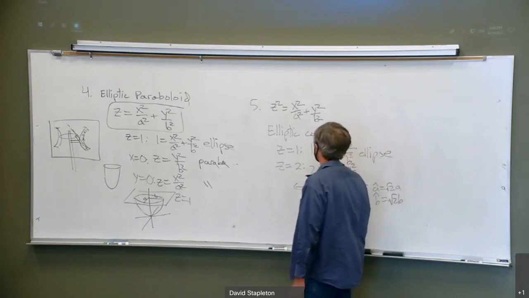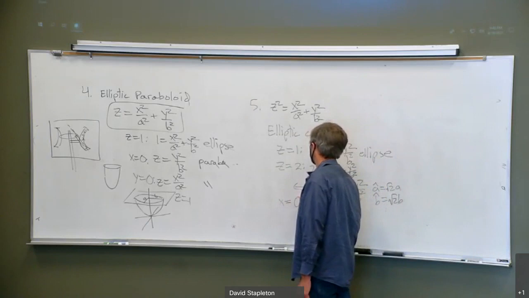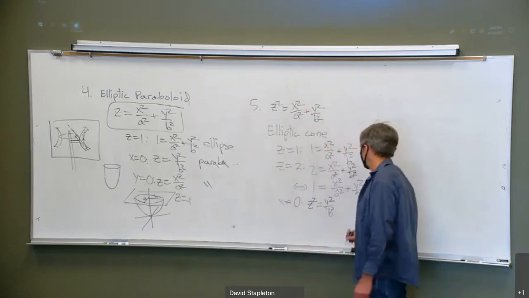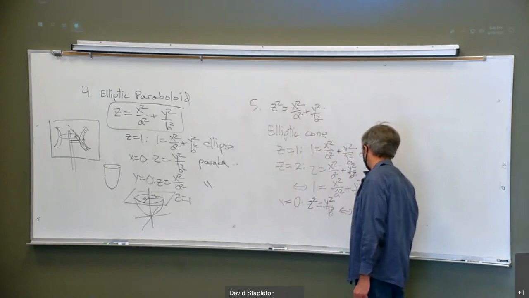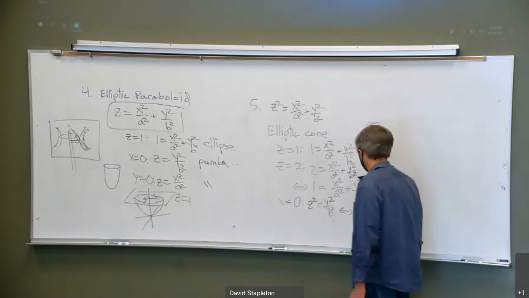You put, let's say, x equals 0. Now, what do you get? This falls out. You get z squared equals y squared over b squared. What does that mean? Not too bad. You just square root it and say this is really z equals plus or minus y over b, right? It's 2 lines through the origin.